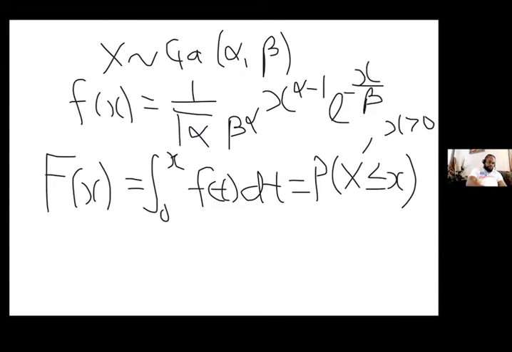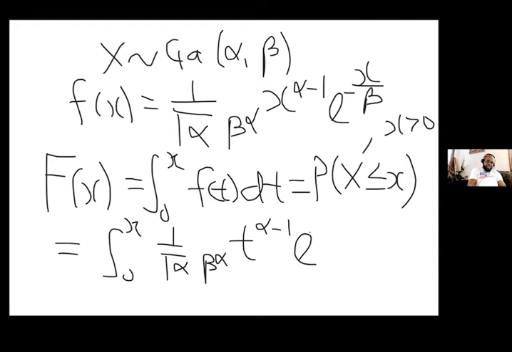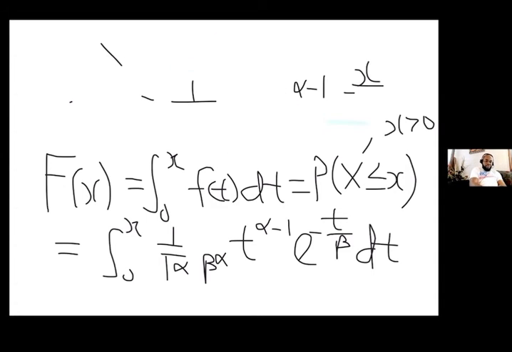Now, I'm going to write the integral from 0 to x of 1 over gamma alpha, beta raised to power alpha, t raised to power alpha minus 1, exponential raised to power minus t over beta, dt. That's what I'm going to have right now. Okay, I need more room. What I want to obtain is the CDF.